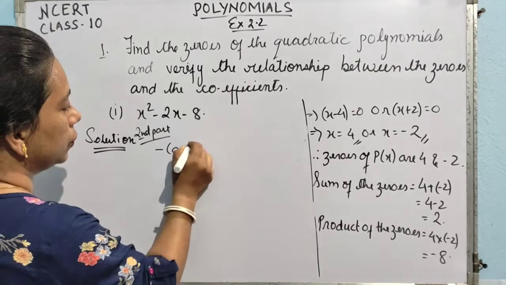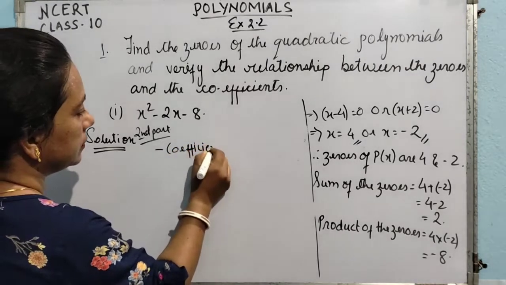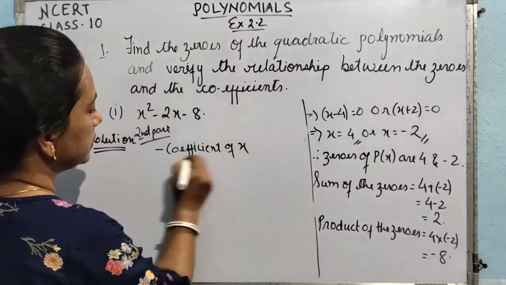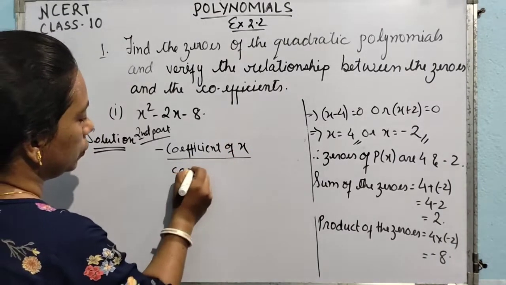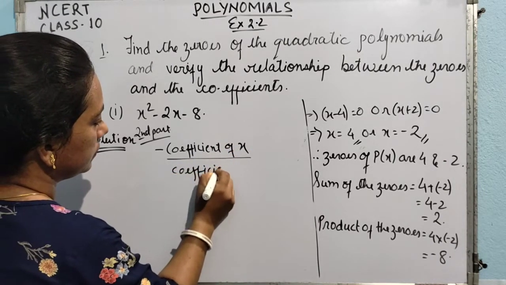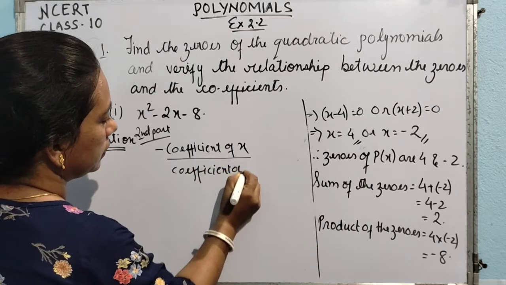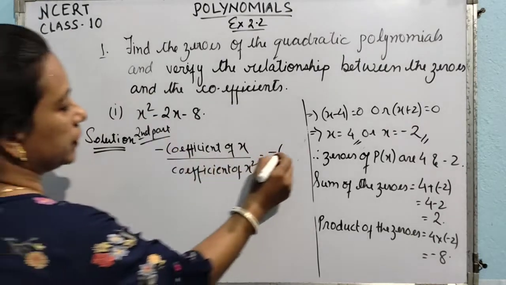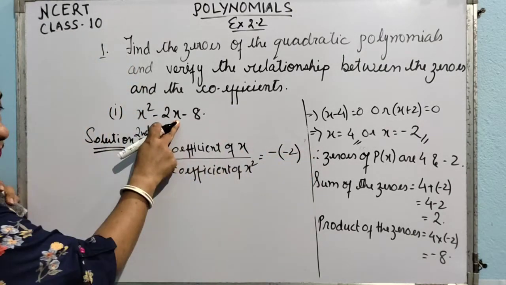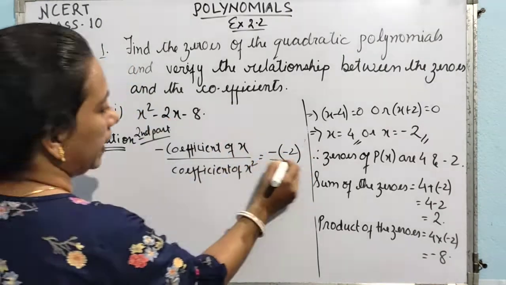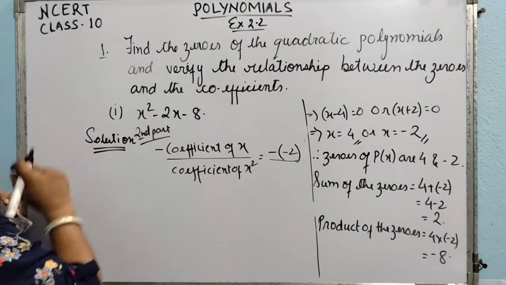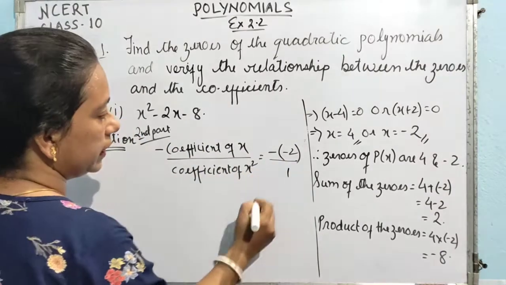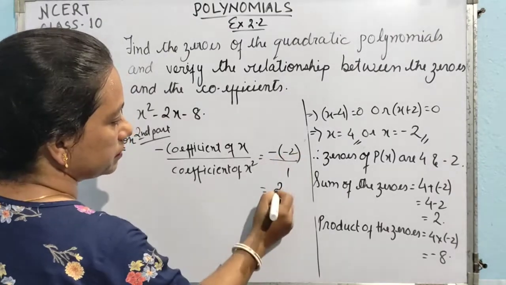Minus of the coefficient of x by the coefficient of x square: minus of the coefficient of x, which is minus 2, by the coefficient of x square, that is 1 only, that is equal to minus minus 2, which is plus 2.